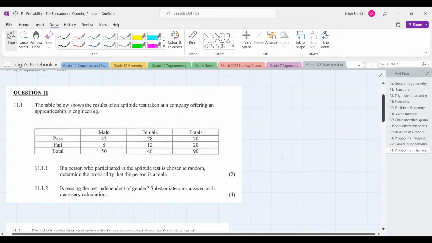So they've asked us if the person who participated in the aptitude test is chosen at random, determine the probability that that person is male. What is the probability that that person is male?